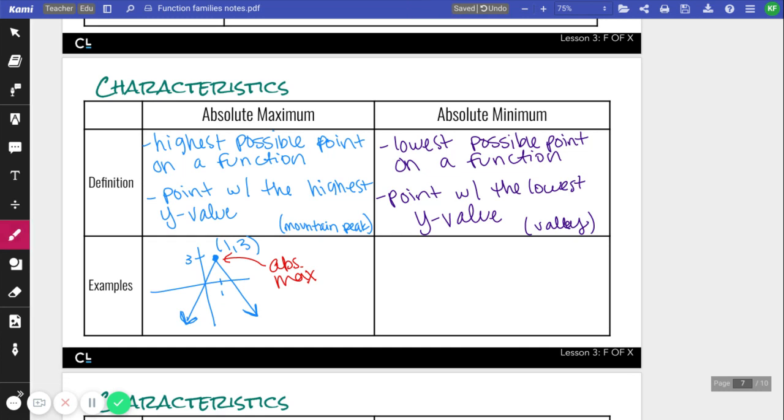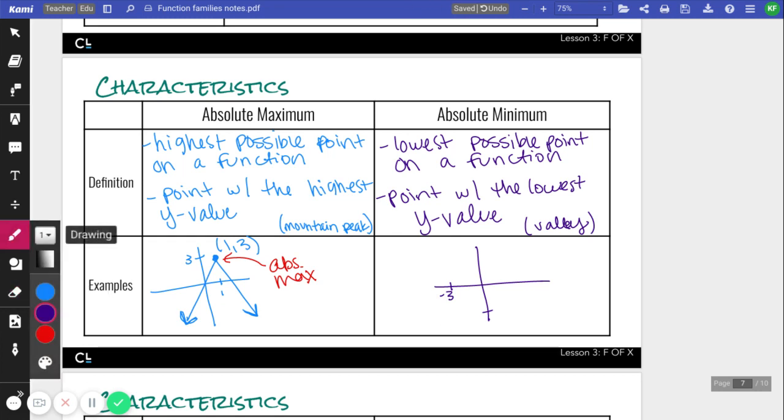So if we are thinking about the opposite of our absolute maximum, that means my function needs to be flipped over. So I'm actually going to use a quadratic example this time. And let's say we have a point at (-3, -4).